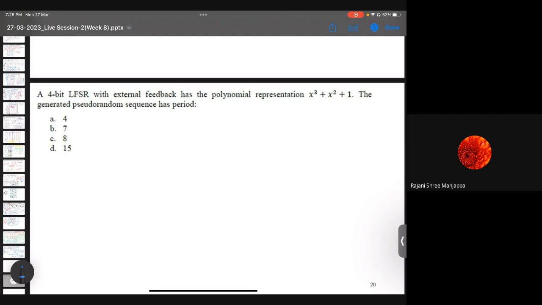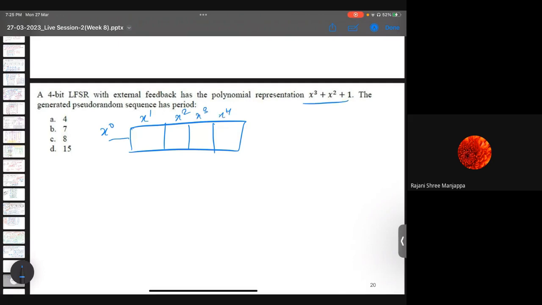I'm audible, right? Okay, so one answer is 7. Yeah, the correct answer is 7 only. I don't know why it took so much time to answer this. It was quite easy. Let me remind you. It says it is a 4-bit LFSR. So we'll just make a 4-bit LFSR. This will be x to the power 0, x to the power 1, x to the power 2, 3, and then 4. The polynomial representation is x cube plus x square. We have already done this question earlier in some other format.